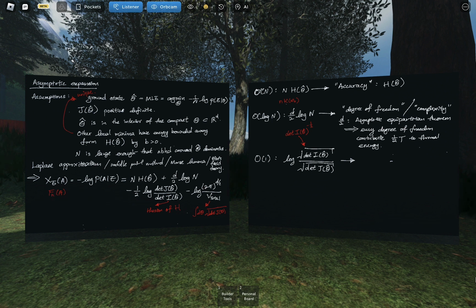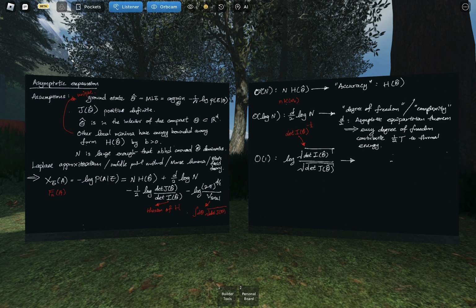So on the right-hand column, I'm only talking about the coefficients. Okay. Right, because even in the order n term, if you have two states with different accuracy, so different energy, then if n is large enough, the lower energy term always dominates.